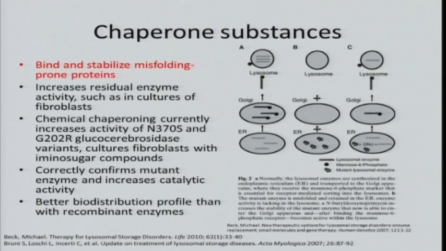The third is the use of chaperone. And what is a chaperone doing? A chaperone is really binding and stabilizing the misfolding prone proteins. So some of our proteins are in the body, but they are misfolded. And if they are misfolded, they can't go to the target sites.